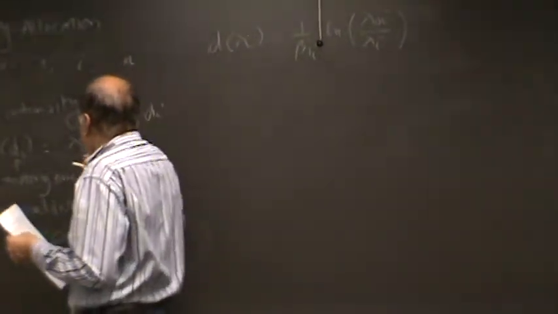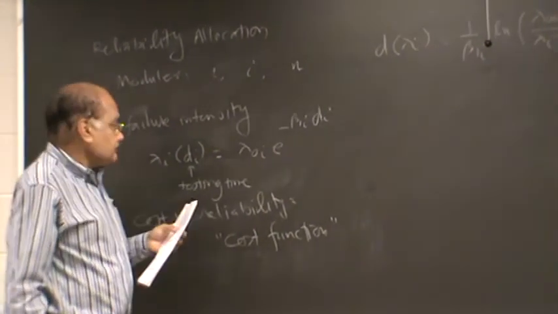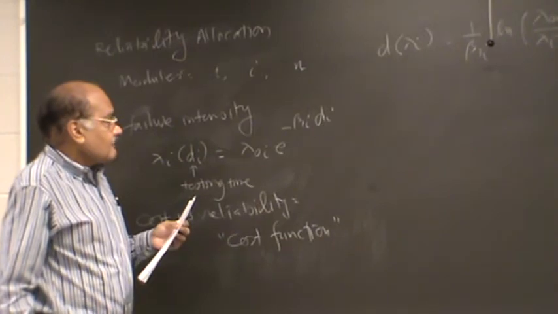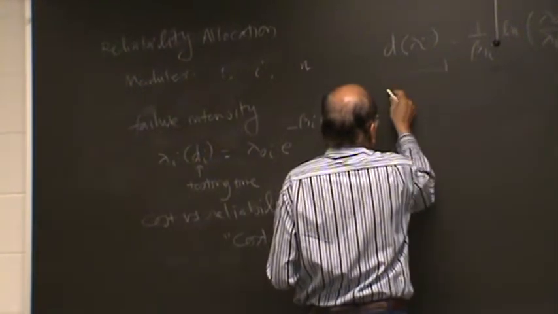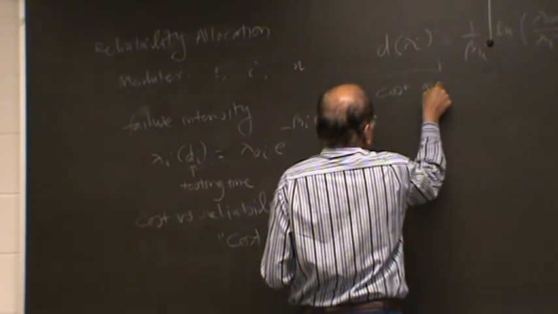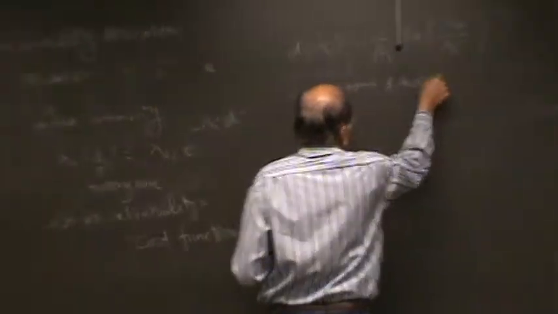Lambda 0, incidentally, is the failure intensity at time t equal to 0. So here's the cost function. This is the cost in terms of testing time.